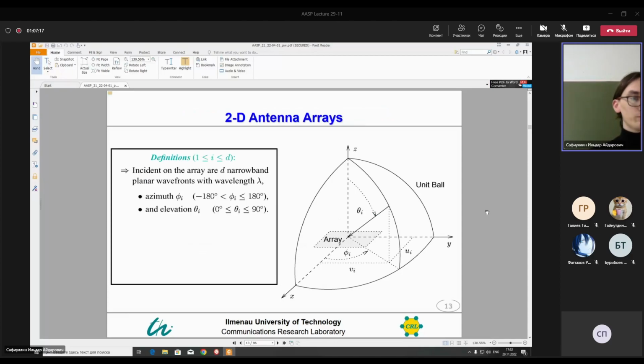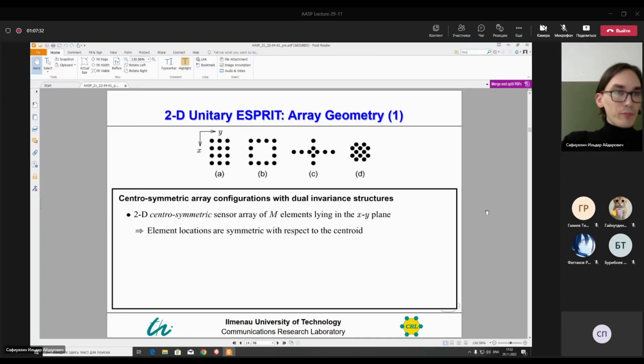So we have the same 2D antenna geometry. All these antenna geometries are centrosymmetric, and so here we assume the XY plane.